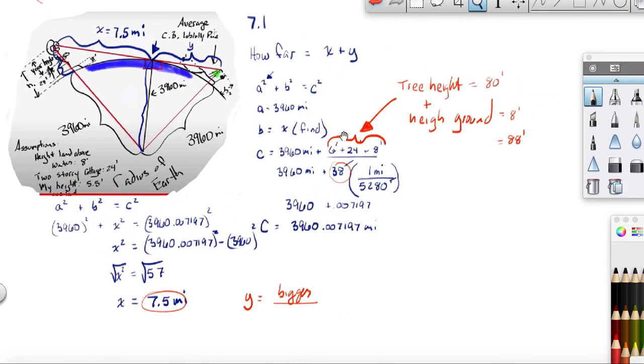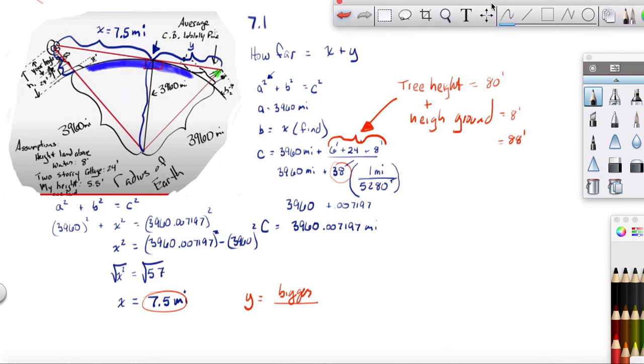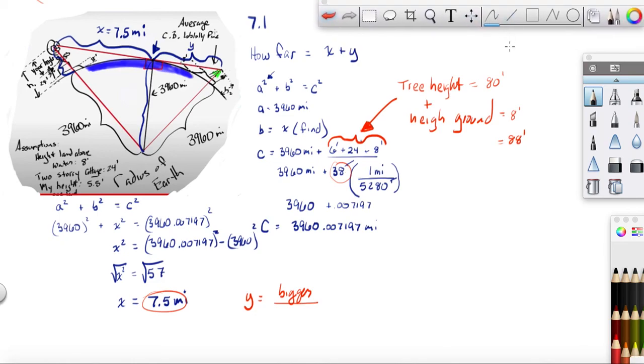I gave you the first part for x, gave you the pattern to figure out y, and see if you can figure it out. For those of you who already did it, thanks for taking a crack at it. Maybe you can go back and check your work. And those of you who did not attempt to do it, you just got a little bit lucky, and I gave you part of the solution.